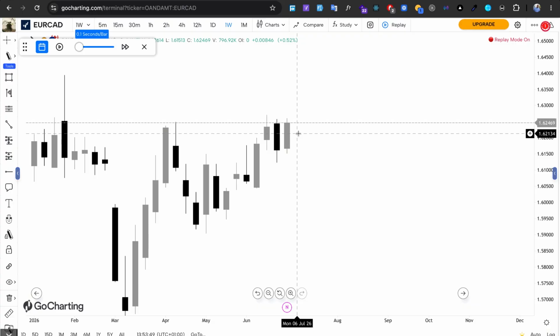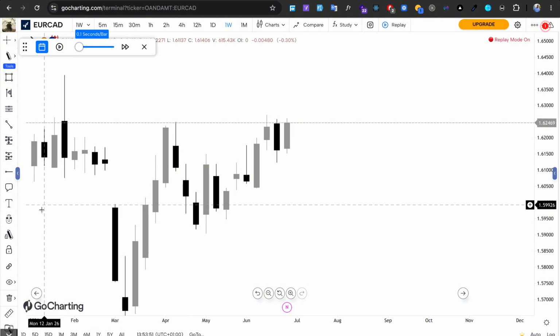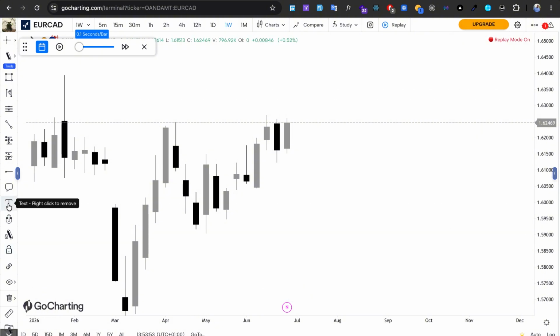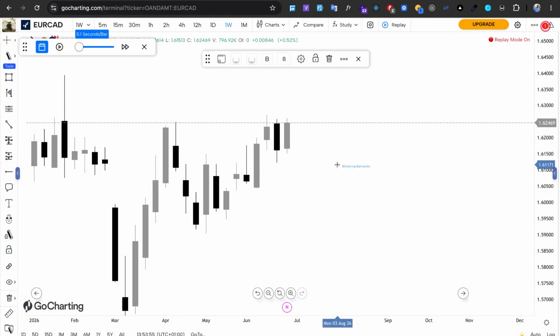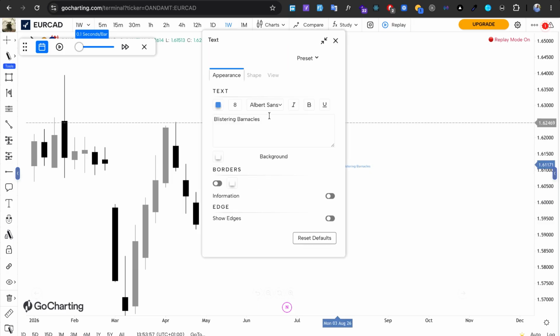For a recap, let me share what I look for when I'm analyzing. One is my bias, that's the direction where I feel the market is going to go.